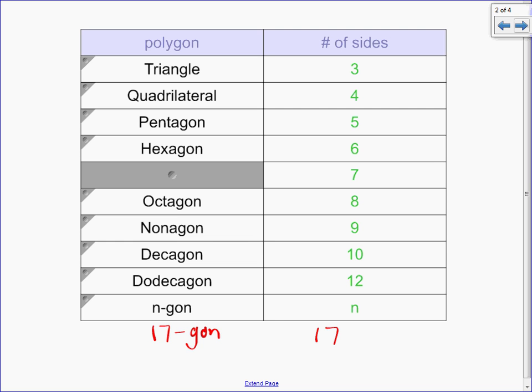Even 11, which officially has 2 names that we found on Google last year, is so rarely called by those names, they call an 11-sided figure an 11-gon. So that's what we're going to use here too. The only ones with official names are the ones up here. We still have one left to write up there yet. But just know that anything other than 3 through 10 and then 12 doesn't have an official name. You just put GON after that number.